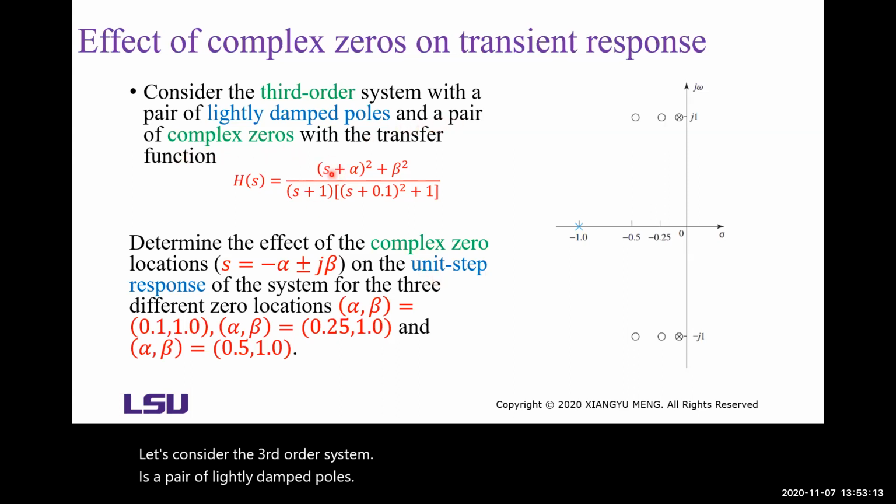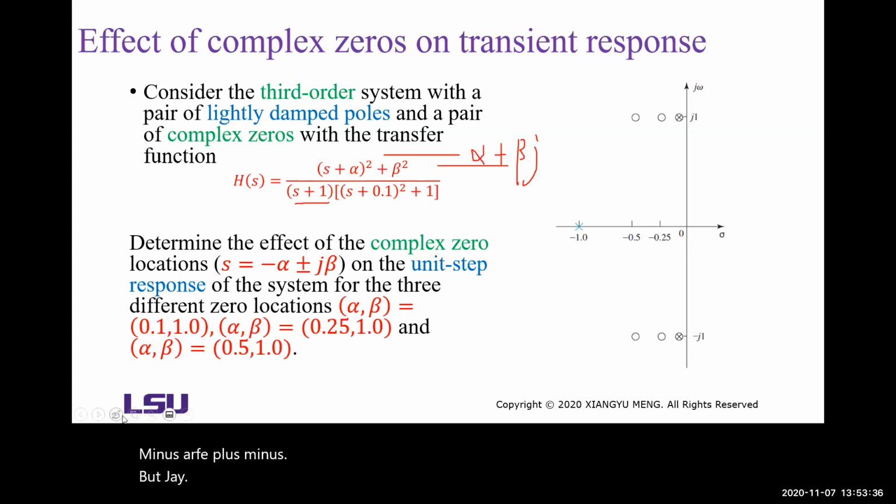We have a pair of complex zeros, that is minus alpha plus minus beta j. Then we have one pole at -1, and a pair of complex poles at -0.1 plus and minus j.